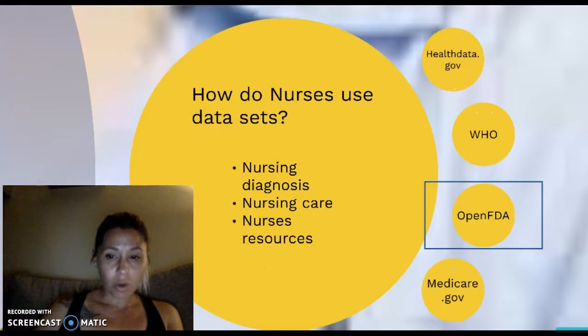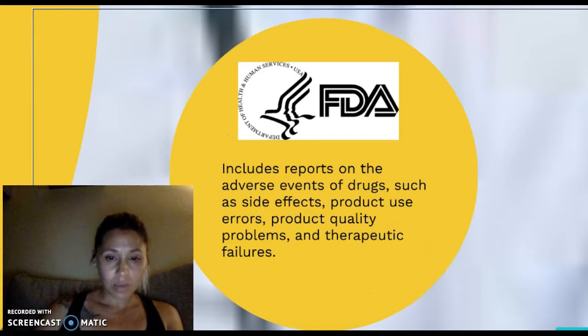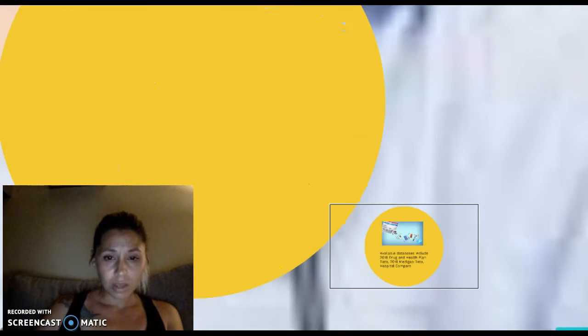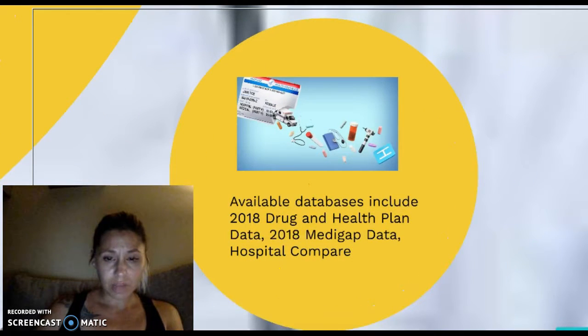Third would be the Open FDA, which includes reports on the adverse events of drugs such as side effects, product use errors, product quality problems, and therapeutic failures. And a fourth example would be Medicare.gov, which includes available databases including the drug and health plan data, Medigap data, and Hospital Compare.